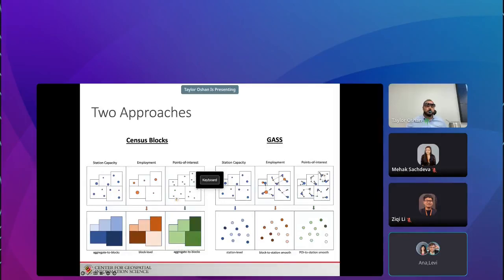Alternatively, we could use generalized additive spatial smoothing, where we smooth everything onto the support of the dependent variable of interest, that's the station level. So here we keep everything at the station level, and using the smoothing, the station capacity is already at that support. Employment and points of interest are then transformed into the support of the stations, and this is done within the regression modeling routine itself.